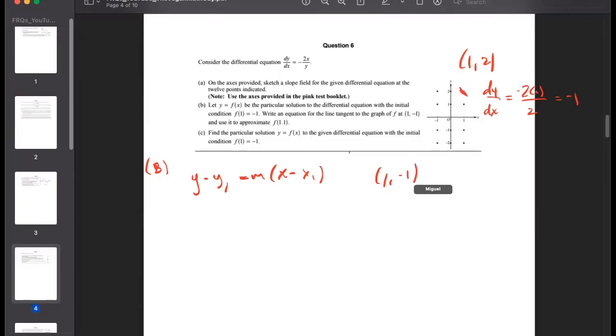So that's going to be y minus negative 1 is equal to m times x minus 1. I apologize, it's going to be y plus 1 because it's y minus negative 1. And our last step here is to find the value of the slope, the m. That's just plugging 1 comma negative 1 into my derivative.